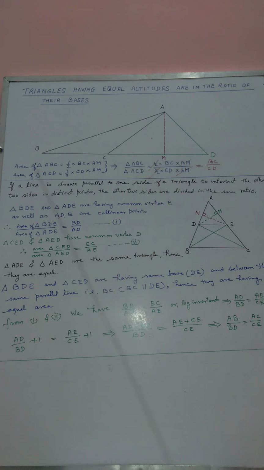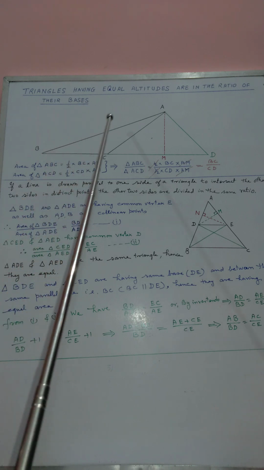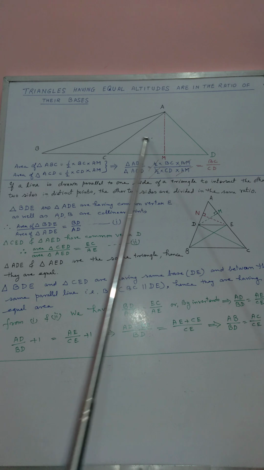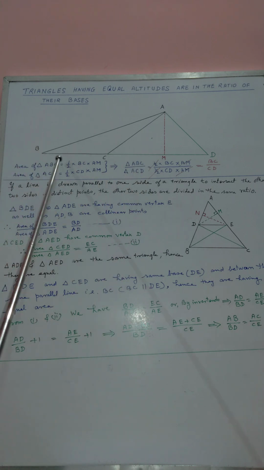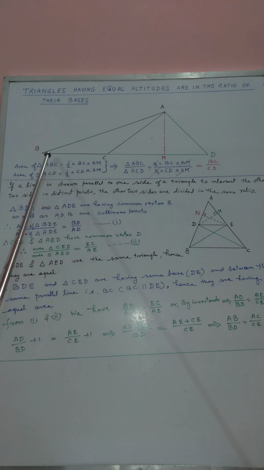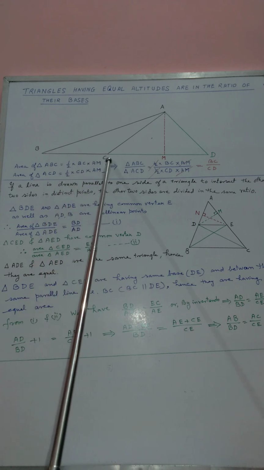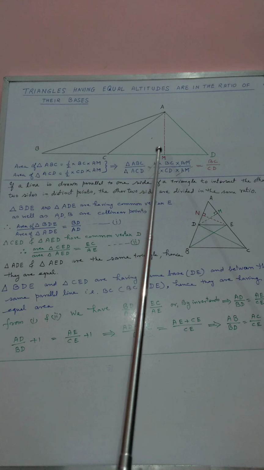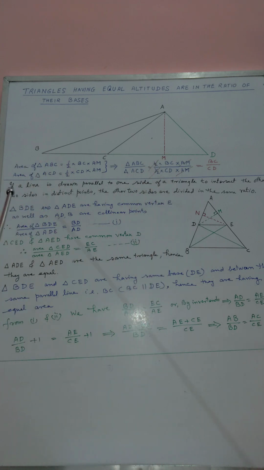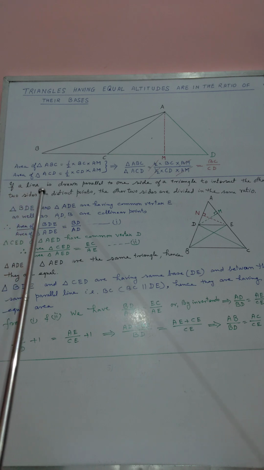So you see, any two triangles which have the same vertex and whose bases lie on the same straight line, at that time the areas will be in the ratio of their bases. Now proceed to the Thales theorem, or the basic proportionality theorem.